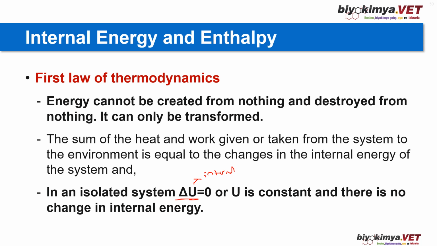So in an isolated system, energy change in a given time is equal to zero, or internal energy is constant and there is no change in internal energy. It means that the heat and work done are the same. So the internal energy has not changed.